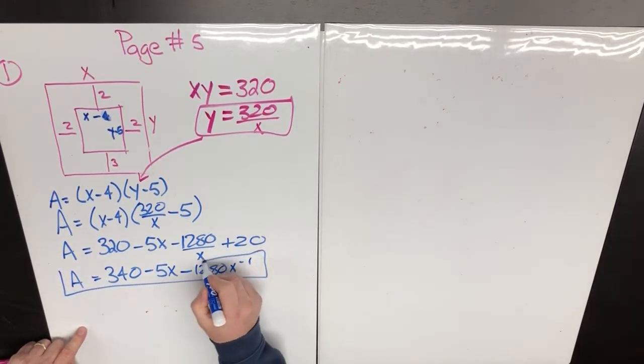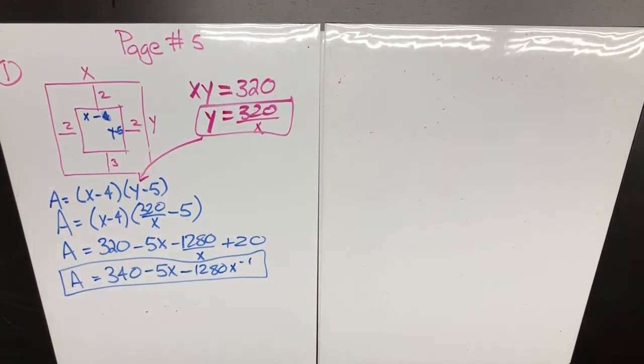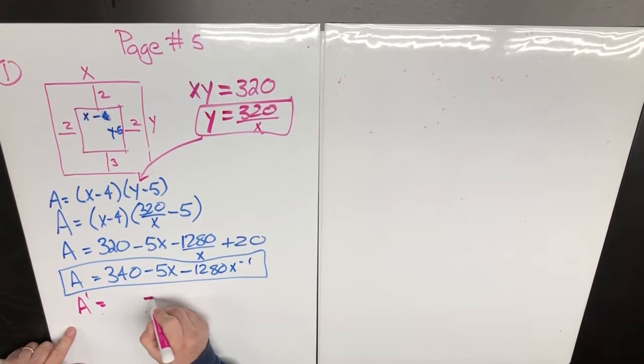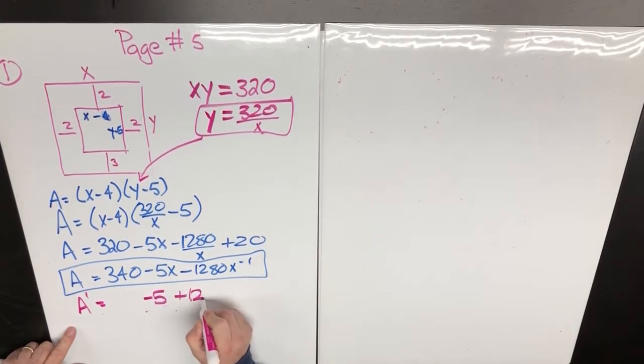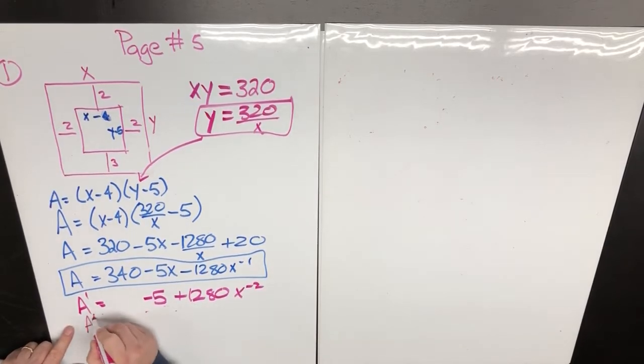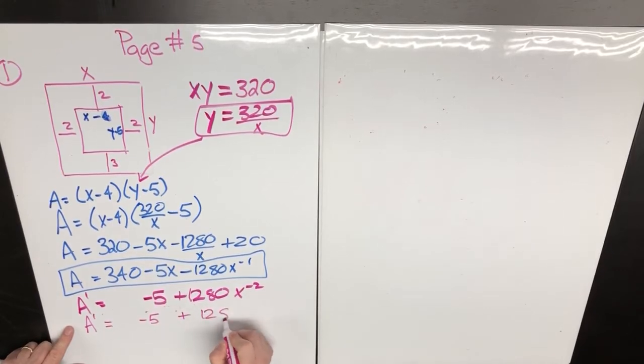So there's my simplified form of my function, and now I'm going to take its derivative, A prime, and then set it equal to 0. Let's simplify that a bit. A prime equals negative 5 plus 1280 over x squared.